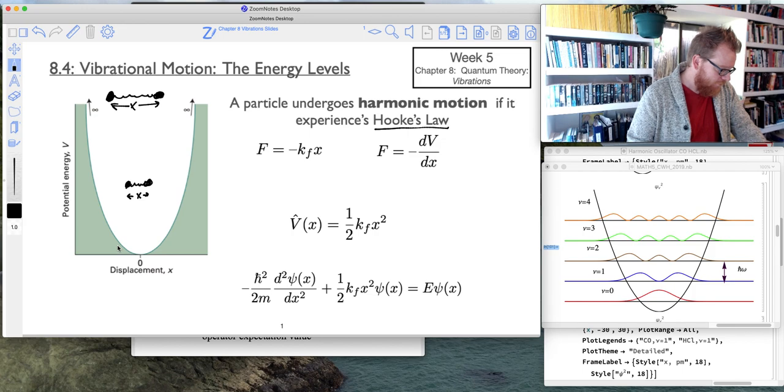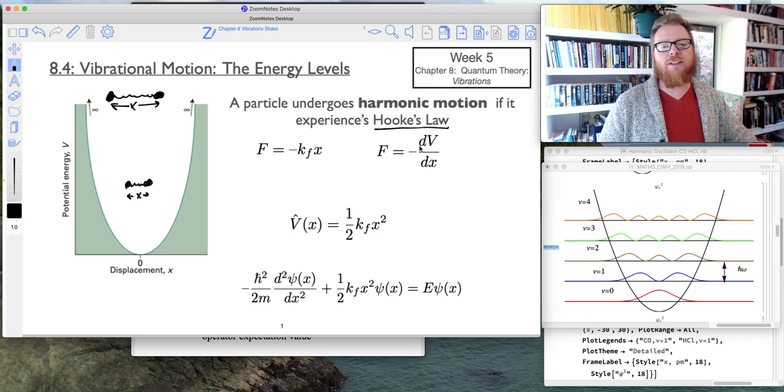So this Hooke's law restoring force is given by the following: force equals negative kf times x, where kf is our force constant in units of newtons per meter.